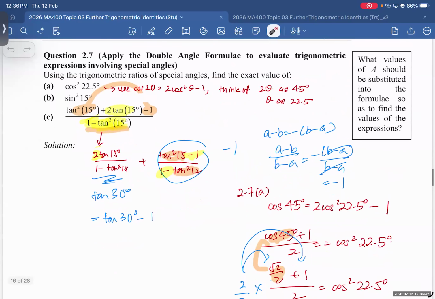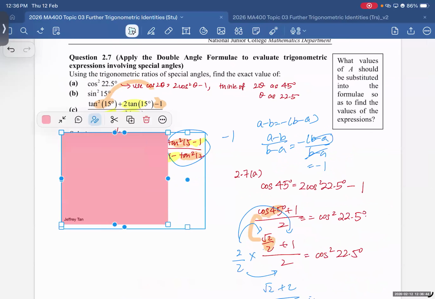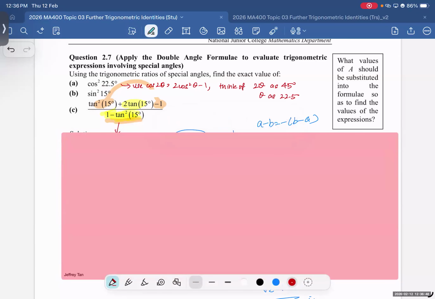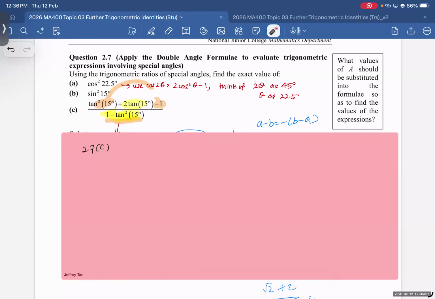If you are at 2.7C, how to go about doing this question is that, for purpose of recording, I'm going to explain. It might be boring, so you don't need to listen to me now. I will split this into one fraction, because I have the double angle formula imprinted in my head.